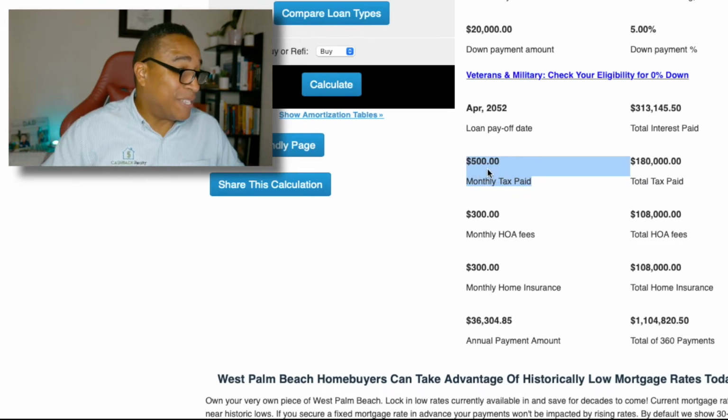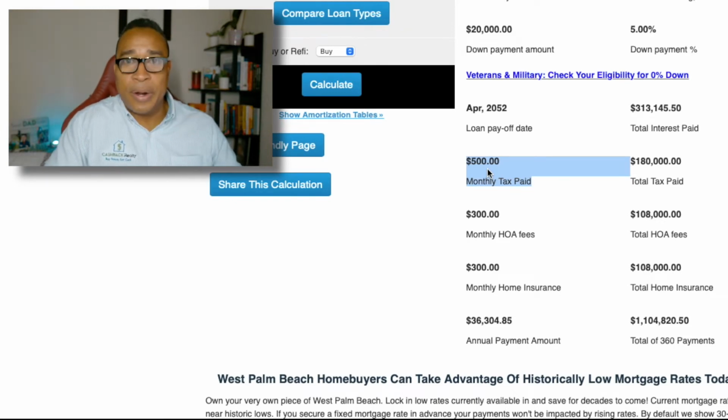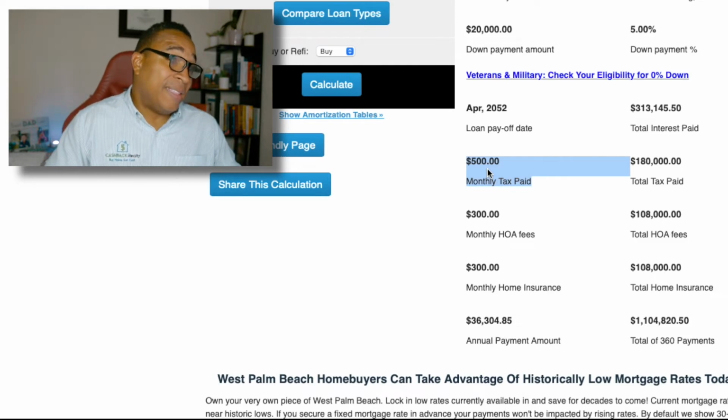I want to emphasize that because that is the thing that is most overlooked. A lot of folks think they're going to have like a $2,000 a month mortgage payment, and they're trying to figure out why is it $500 or $600 more than what I thought it would be, and that's the culprit. That's one of the culprits, right? The amount of the taxes.